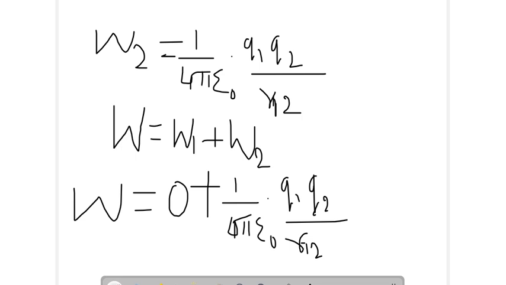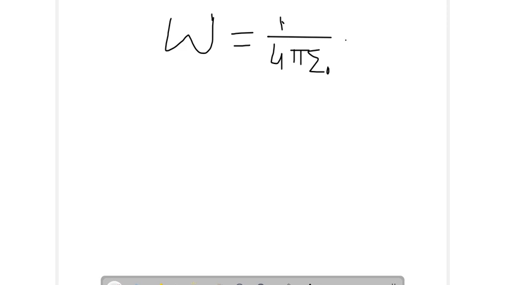So the total work done in bringing the two positive charges from infinity to points A and B can be written as 1 divided by 4 pi epsilon naught into Q1 into Q2 divided by R12.